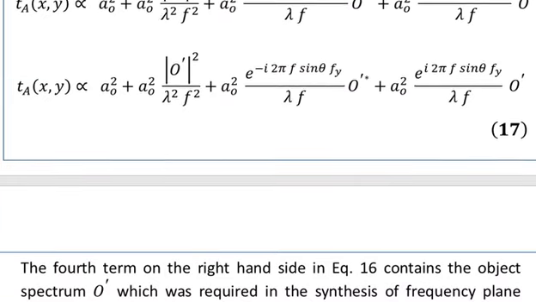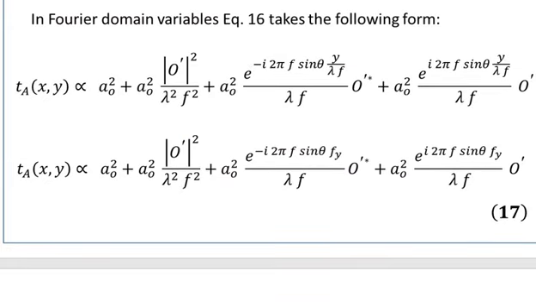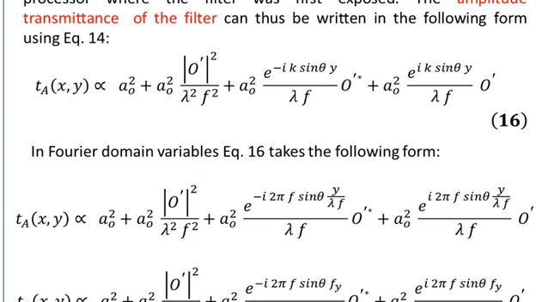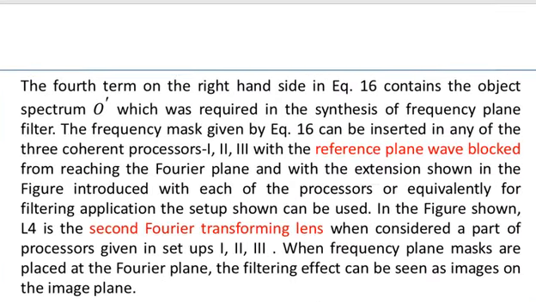Look at the fourth term, a very special term in equation number 17. The fourth term on the right hand side in equation number 16 contains the object spectrum O prime, which was required in the synthesis of a frequency plane filter.